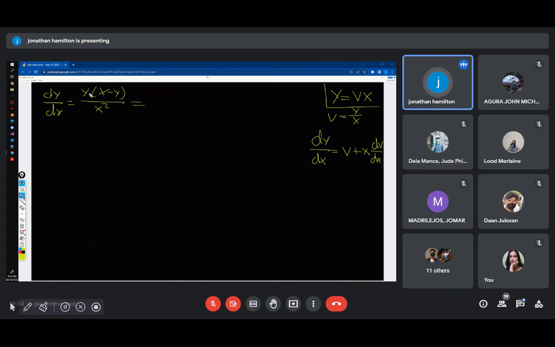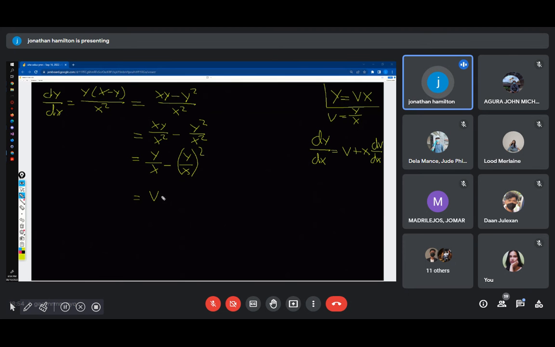So let's say we can distribute this. We can say this is xy minus y squared over x squared. We could say this is xy over x squared minus y squared over x squared. Simplifying, we could say this is y over x minus y over x squared. As you can see, we have y over x, y over x.